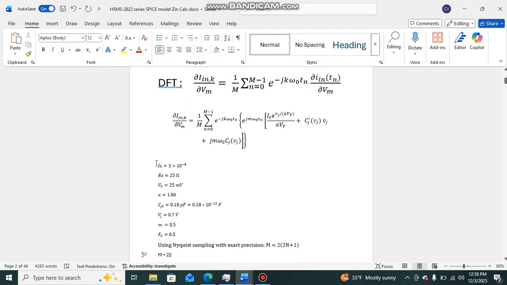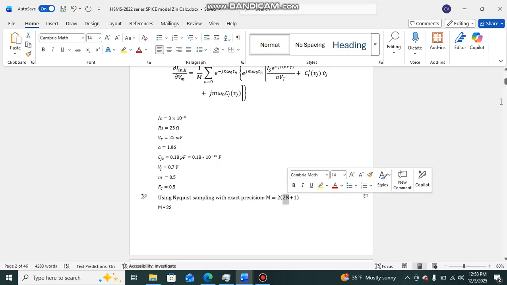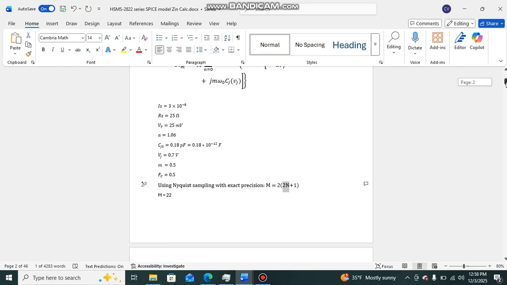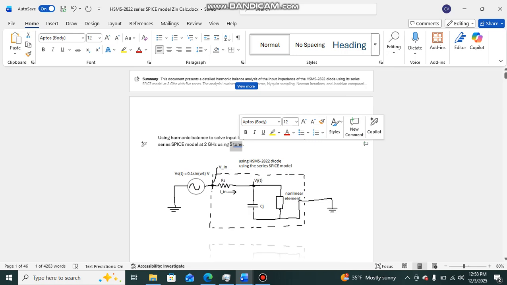Here are the parameters you would get in the data sheet for the diode, and I'm using Nyquist sampling with exact precision. Nyquist is just 2 times the harmonics, so N is the number of harmonics you're using, and I'm using 5 tones, which is 5 harmonics.